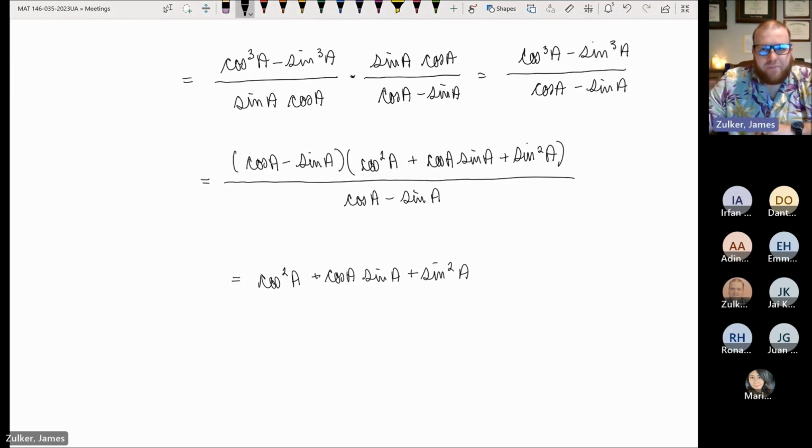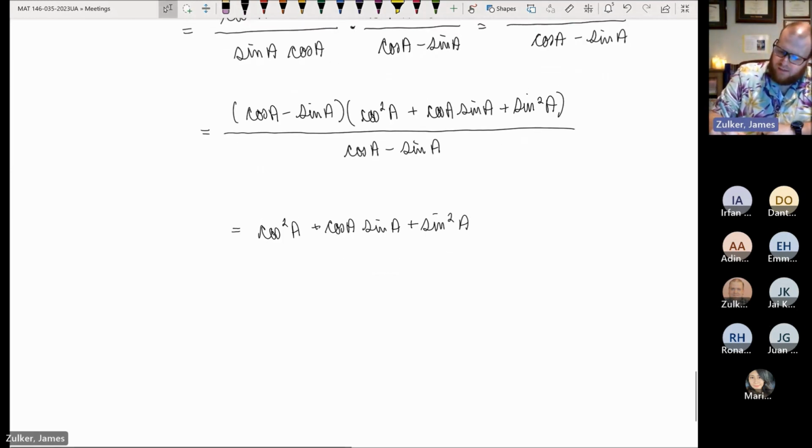Now, addition is commutative and associative, meaning the order doesn't matter and how we group it doesn't matter.